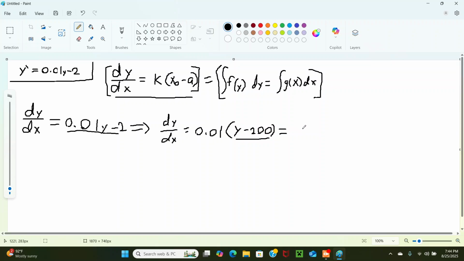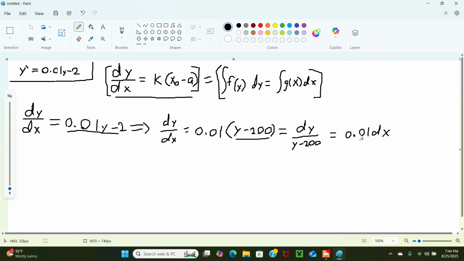So we get dy divided by y minus 200 is equal to 0.01 dx.